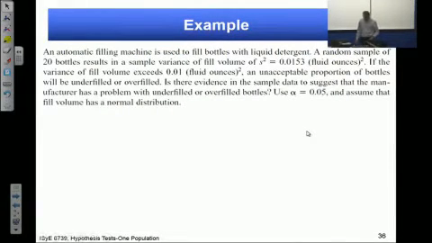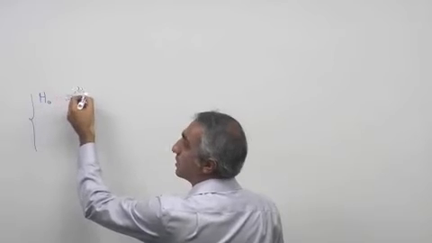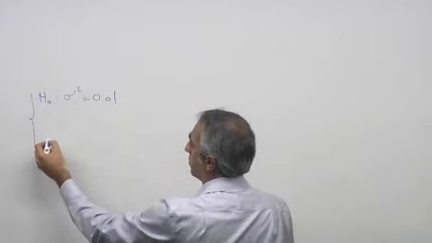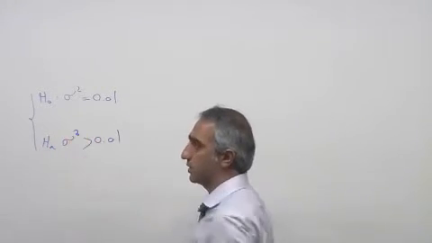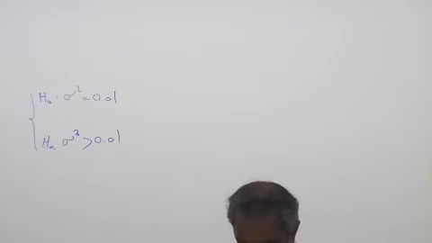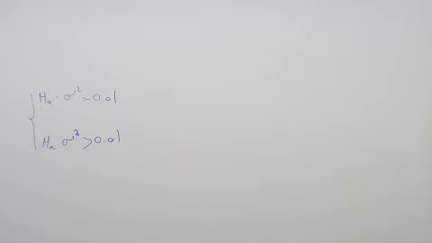We had one example, and for this example, we wanted to test this set of hypotheses. One is sigma squared less than or equal to 0.01, or sigma squared greater than 0.01. Okay? We actually used the rejection method, and the conclusion was what?